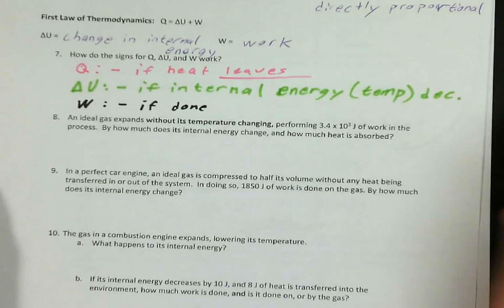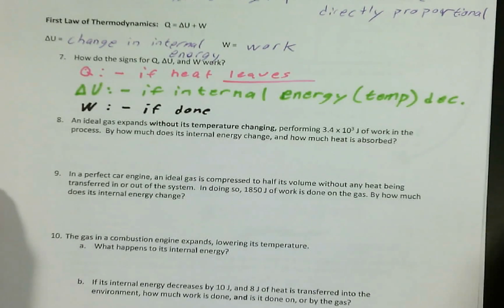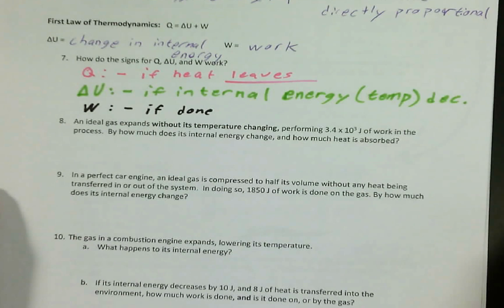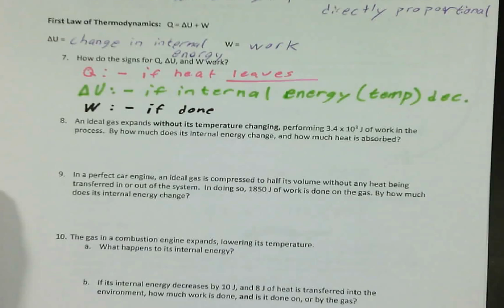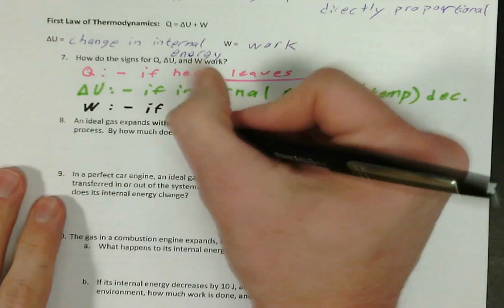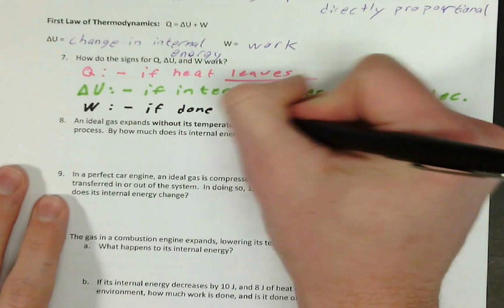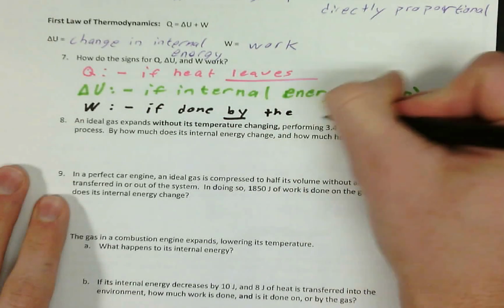Why do I always have a hard time remembering this one? So if it's done, work is negative if done by the object.